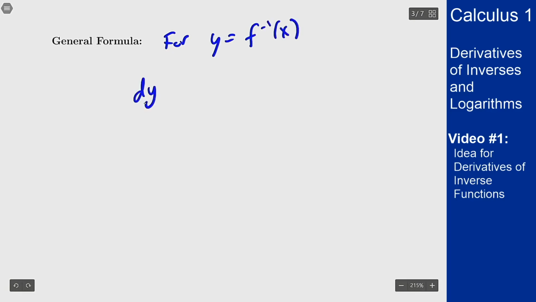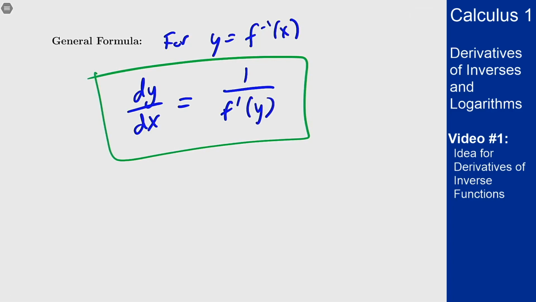So what do we get from this? Well, we get that for y equals f inverse of x, dy dx equals 1 over f prime at y. And that's our general formula. To be more particular about how we apply this, we're going to say the following.